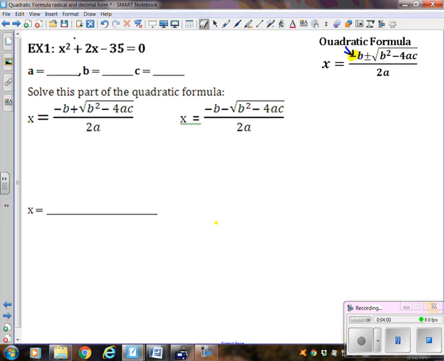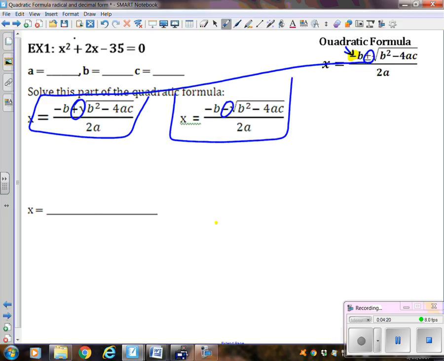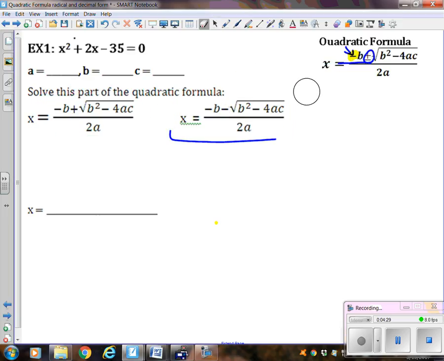That plus or minus is meant to be there, and it's actually the shortest way of writing the quadratic formula. Otherwise, I have a plus version and a subtract version. So it's a concise, quick and easy way to write the quadratic formula, where you add the two things on top and then you subtract the two things on top.